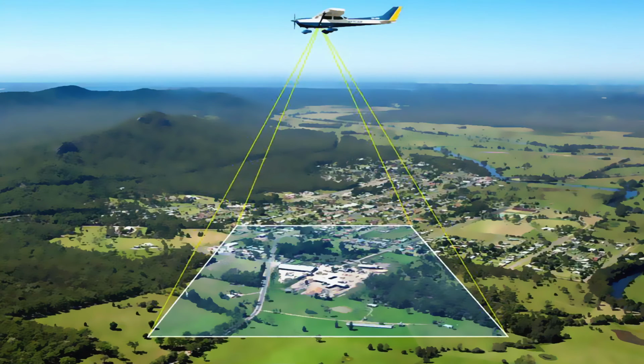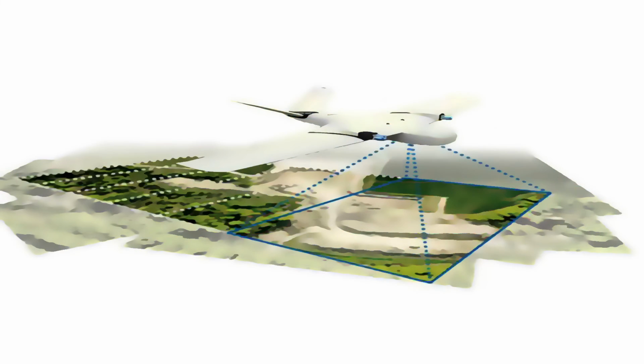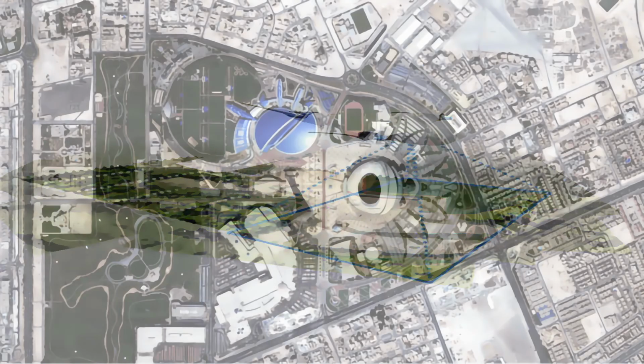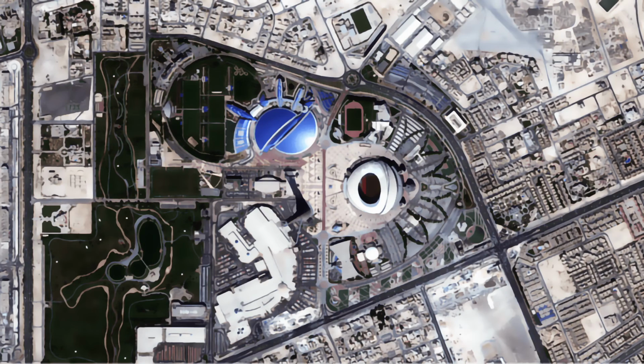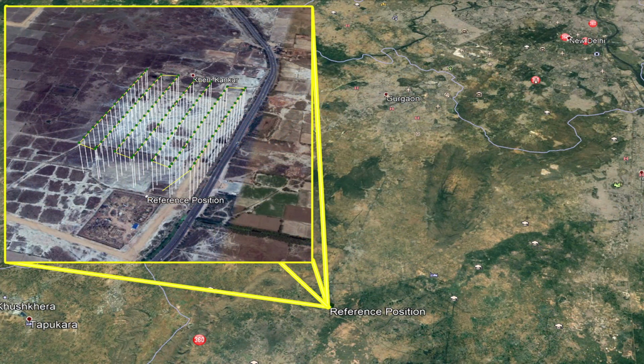These two different uses have led to the development of photogrammetry and photo or image interpretation as two independent but related sciences.